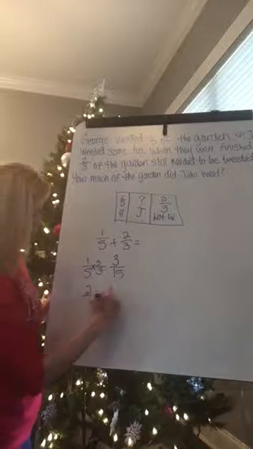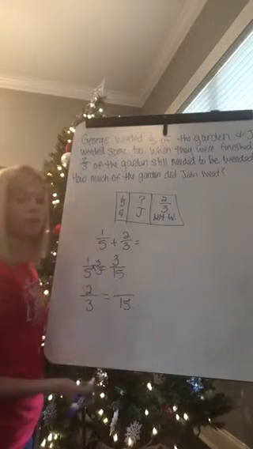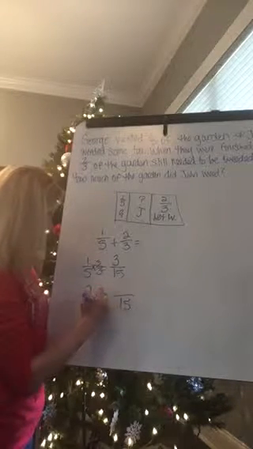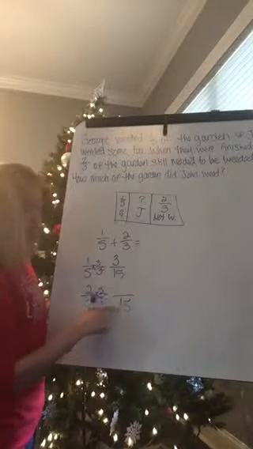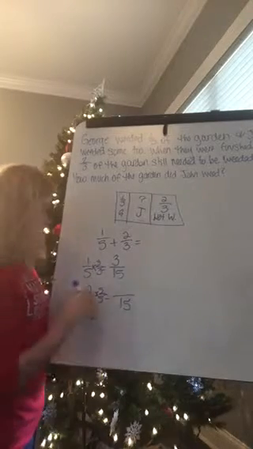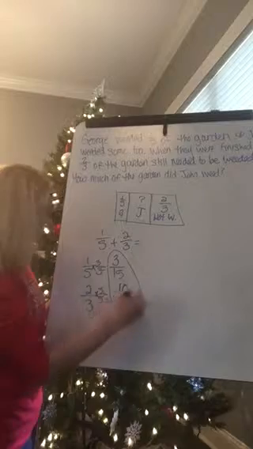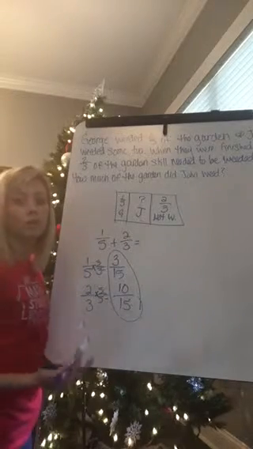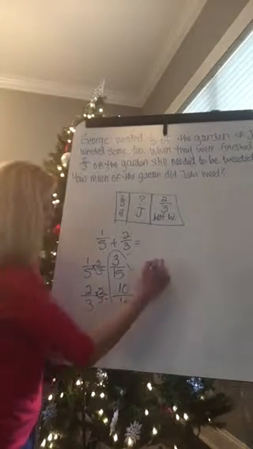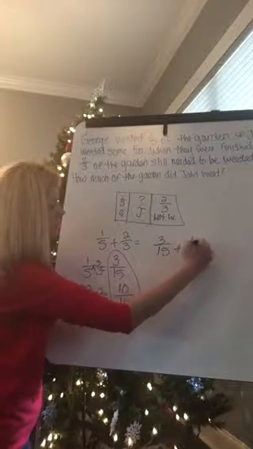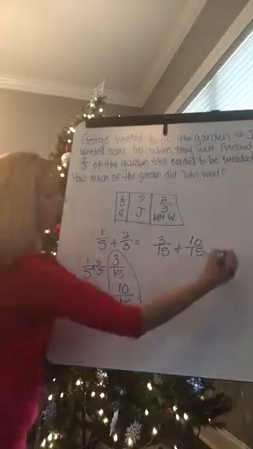To make 2/3 equal a denominator of 15, we've got to multiply by what? 5/5, because 3 times 5 is 15. So now we know our numerator, 2 times 5 is 10. So these are our new fractions that we now have with the same denominator. So we can say 3/15 plus 10/15 equals how much?